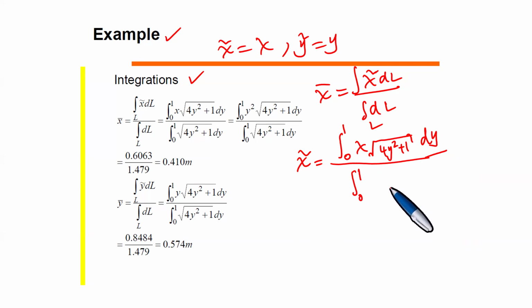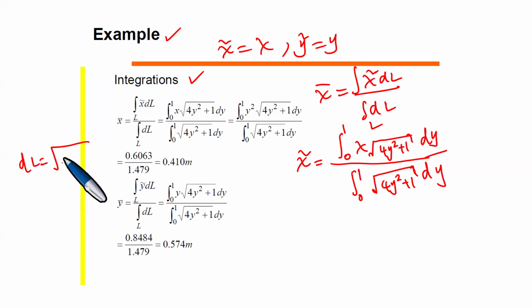So this is obviously for the x, and now we're able to say the dl is actually the square root of 4y squared plus 1, and we put here our dy, because we're able to see that the dl is 4y squared plus 1 dy. All right, so we're good.